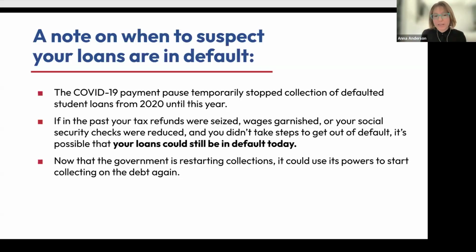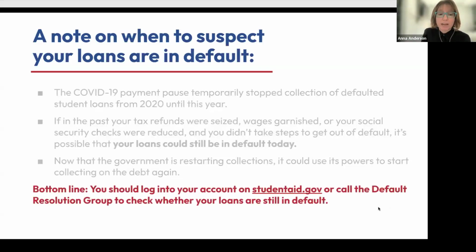That's because all of that was paused due to the pandemic. Now that the government is restarting collections, it's really important to check this because, again, these collection actions are being turned on as we speak, and you could be at risk of losing your funds and benefits if you don't take steps to get out of default now.